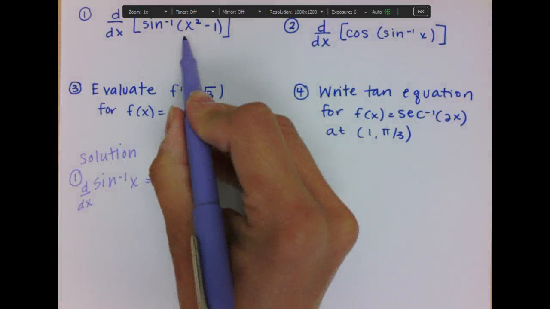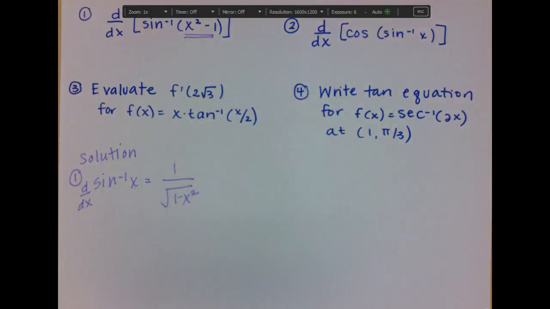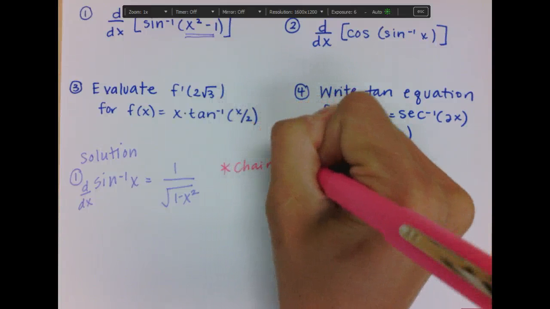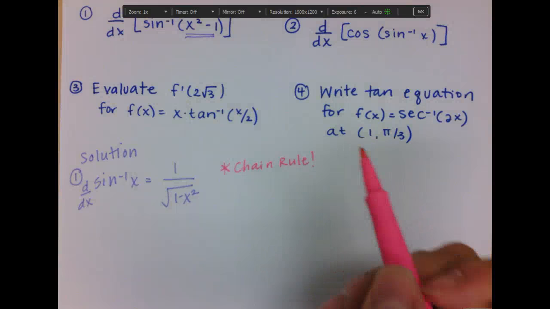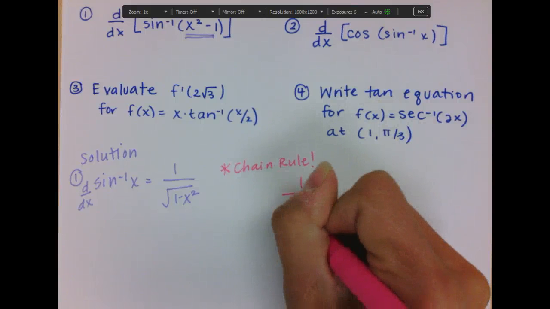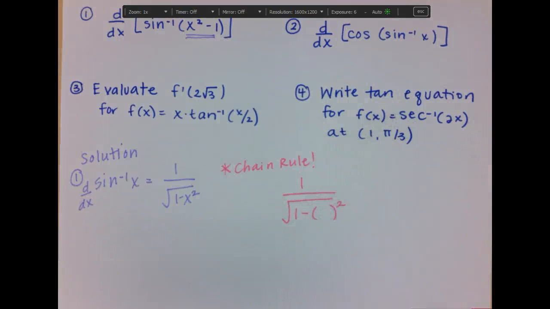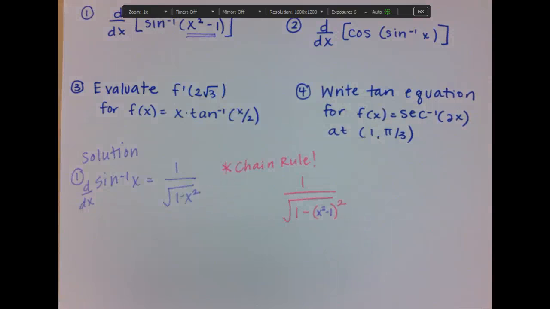In this problem, the argument is more than just x, it's actually x squared minus 1. So when we take the derivative here, we need to use not just this rule, but also the chain rule. I'm going to find the derivative by doing 1 over the square root of 1 minus my argument squared, and our argument is x squared minus 1.